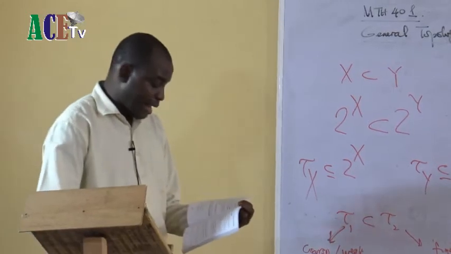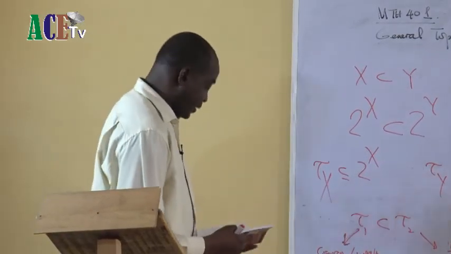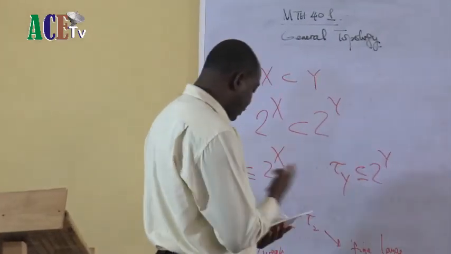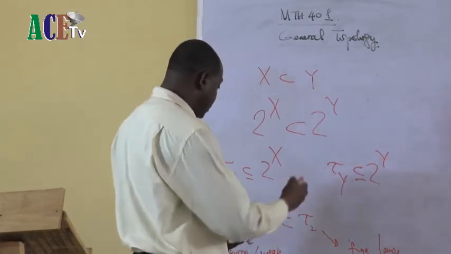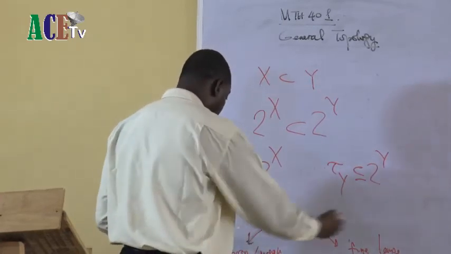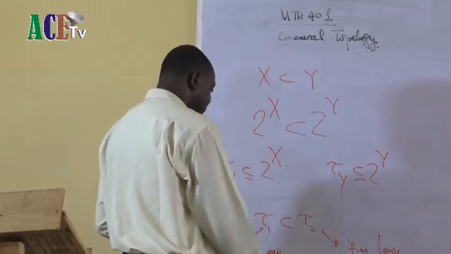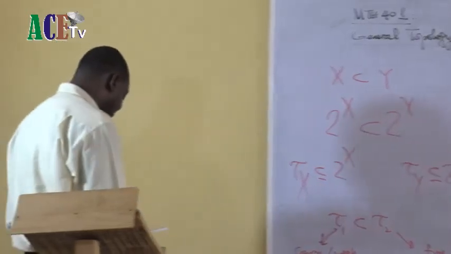Now, having that at the back of our minds, we can have two topologies. One is weak, one is strong, or one is large. This is weak, this is strong, this is large, this is coarse, this is fine, this is weak. You can use them interchangeably.